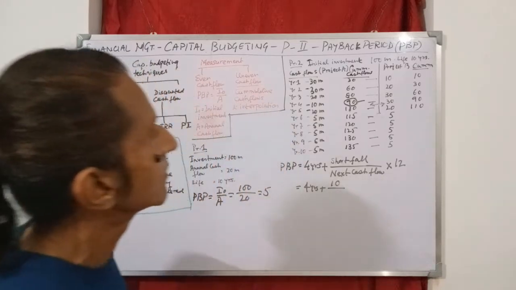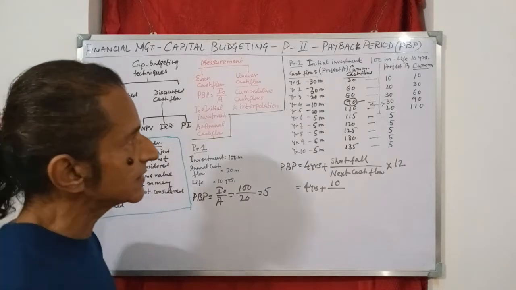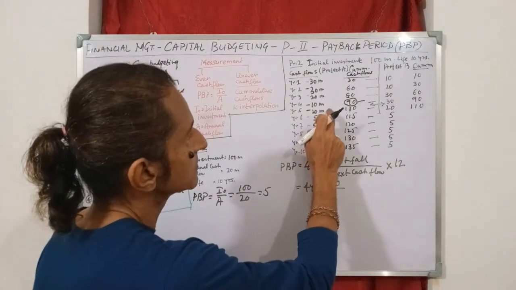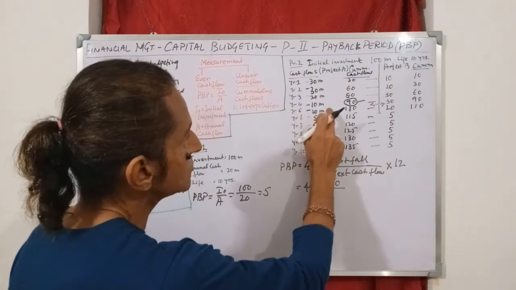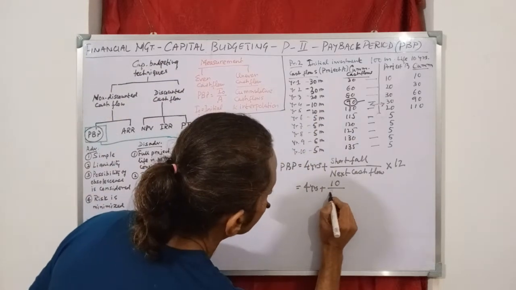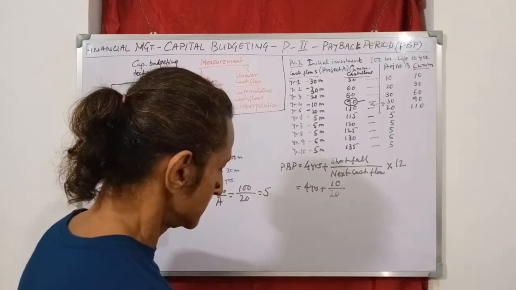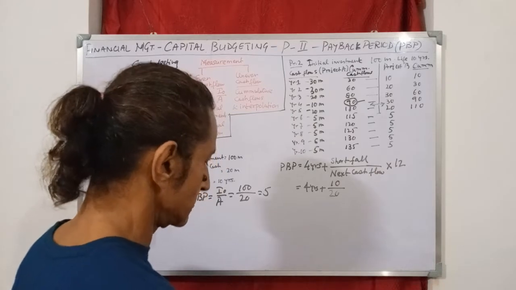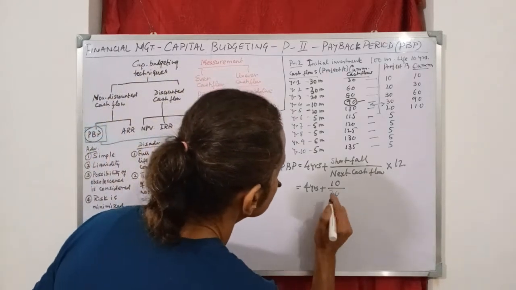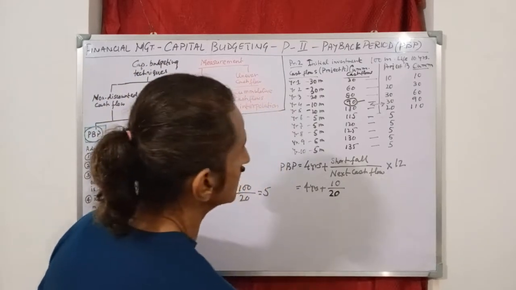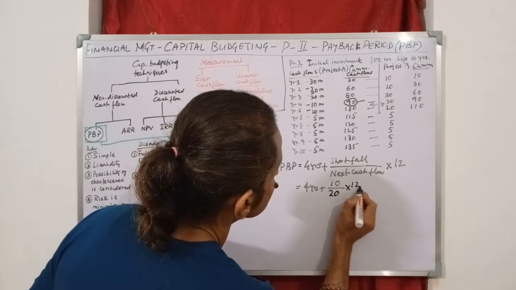So we write 10 divided by, what is the next cash flow? That is the cash flow in the fifth year, that is 20 million. So 10 by 20 into 12 months.